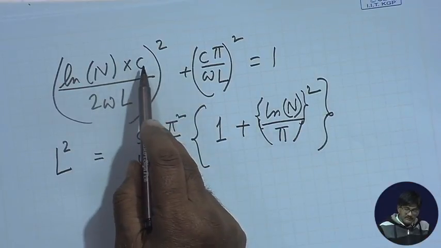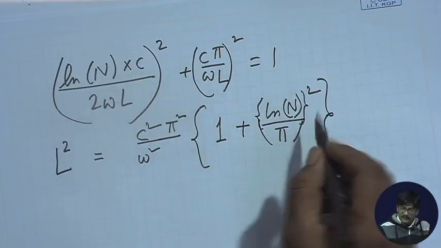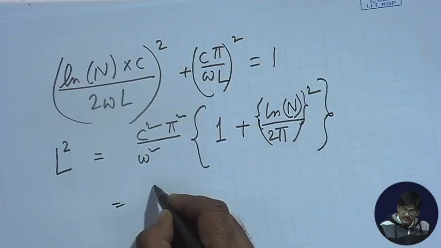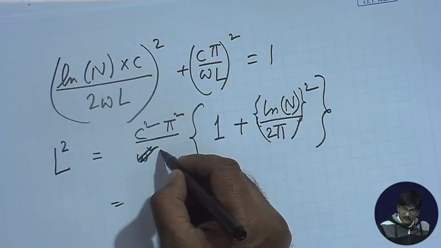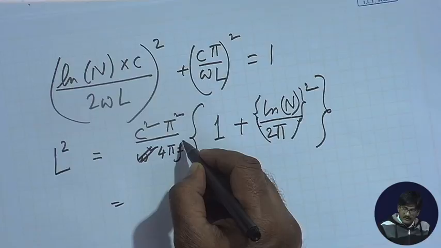Let's see. C was gone, omega was gone, 2 is there still, 2. So what can we do about this? Let's replace omega square by 4 pi f square.